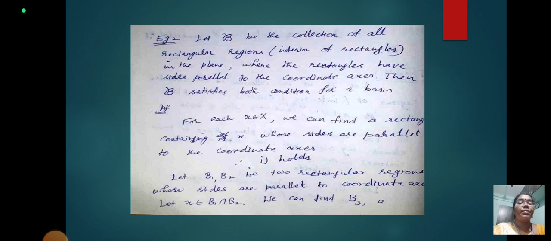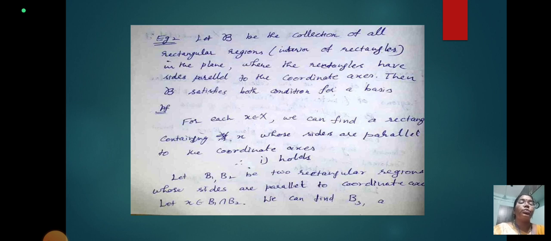Then script B satisfies both conditions for a basis. Let us verify that for each x belongs to X, we can find a rectangle containing x whose sides are parallel to the coordinate axes.